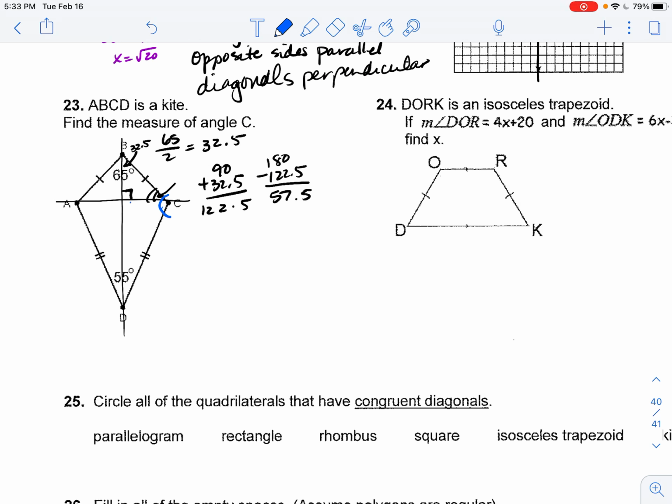We're not done, because we want the whole angle C. Now if we look at the triangle on the bottom, let's take half of 55. 55 divided by 2 is 27.5. We'll do the same thing: 90 plus 27.5, and we subtract that from 180.